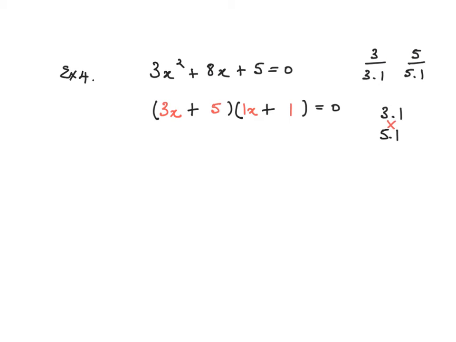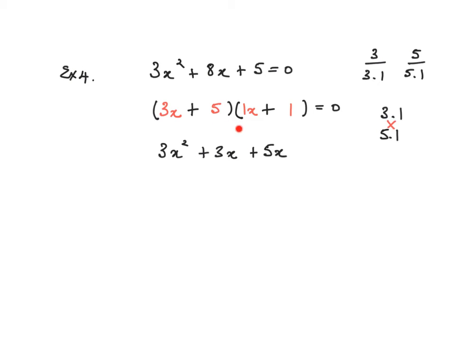Now what you might want to do in this example is to multiply out. So what have we got? 3x times x gives us 3x squared. 3x times plus 1 is plus 3x. 5 times 1x is plus 5x.